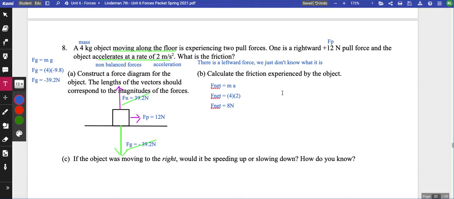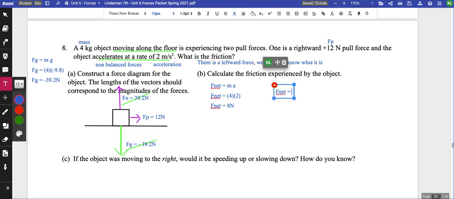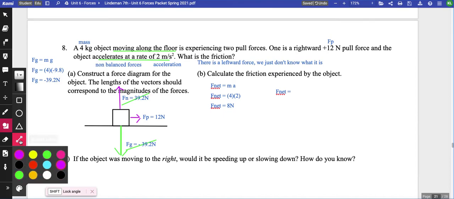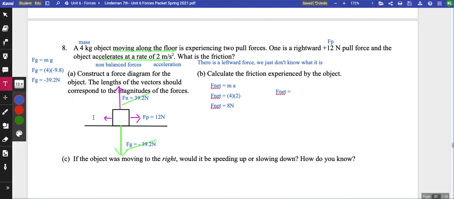Okay, so if net force is equal to 8 newtons, because I know that this force is some sort of a friction force, the object is moving, so it's an FFK.